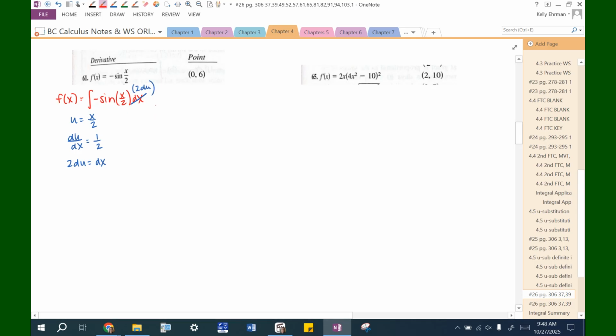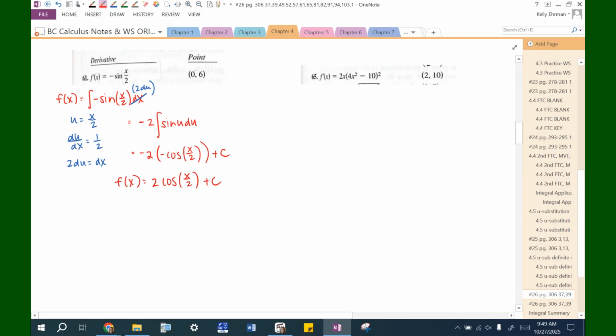And that means that I have negative 2 integral sine of u du. That's negative 2 times the integral of sine, which is negative cosine. Instead of u, I'm going to say x over 2 plus c. So right now I have f of x is equal to positive 2 cosine of x over 2 plus c.